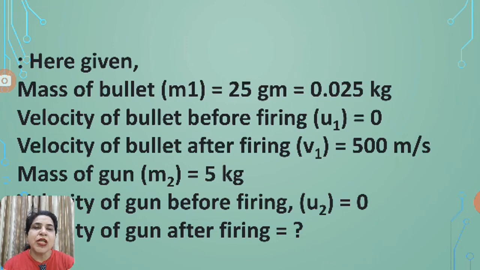Velocity of bullet before firing, u1, equals 0. Velocity of bullet after firing, v1, equals 500 meter per second. Mass of gun is 5 kg, and the velocity of gun before firing is 0, and the velocity of gun after firing we have to find.